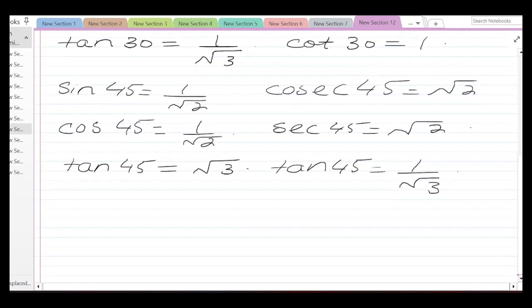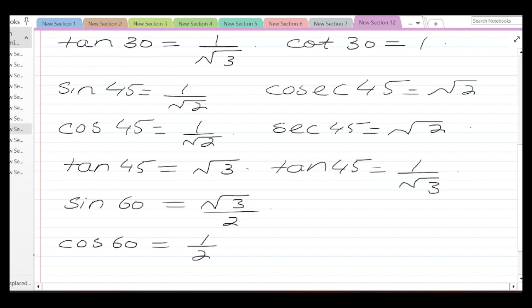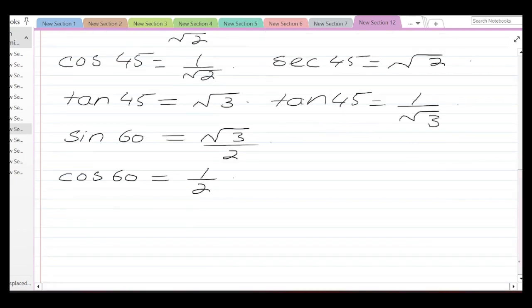Now let's find out the trigonometric ratios for 60 degrees. The sine of 60 degrees is equal to under root 3 by 2. Then the cos of 60 degrees is equal to 1 over 2. And then the tangent of 60 degrees will be equal to under root 3.